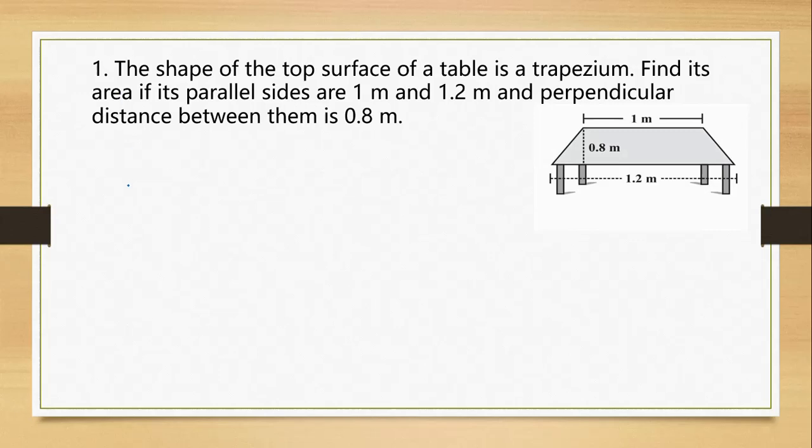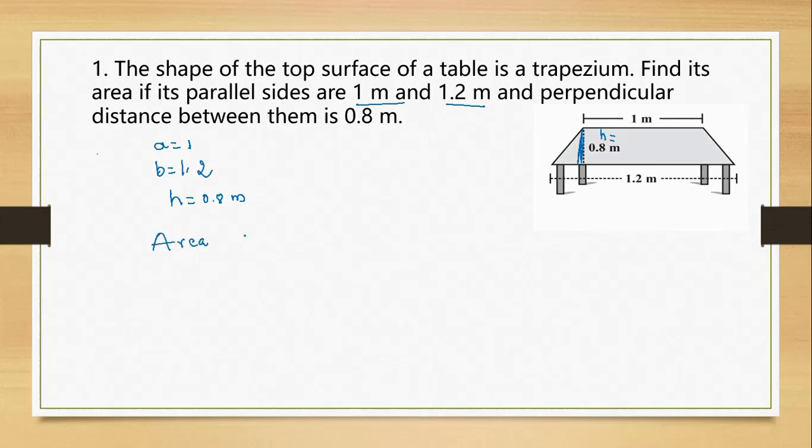In the question they are given the two parallel sides, that is a is equal to 1 and b is equal to 1.2, and they are also given the perpendicular distance, that is we consider it as height, h is equal to 0.8 meter. And this is a very easy question, we can directly substitute in the formula.